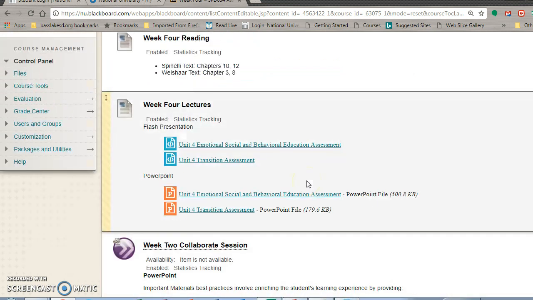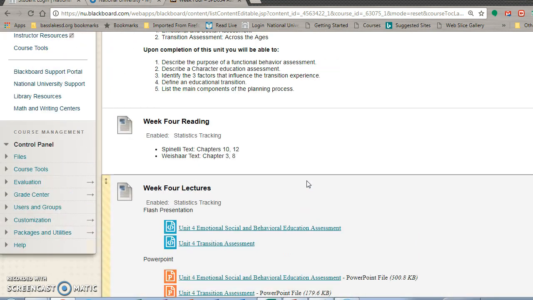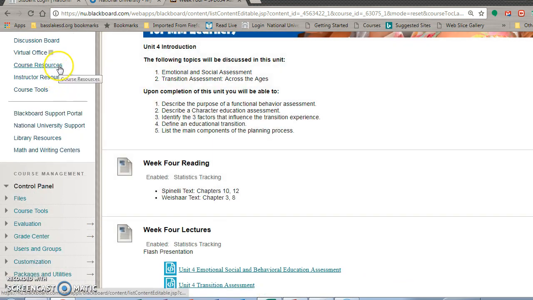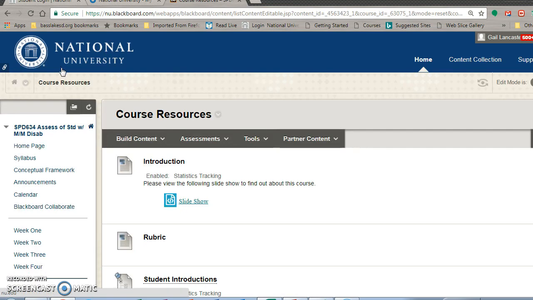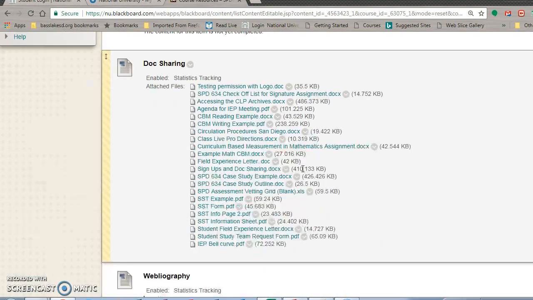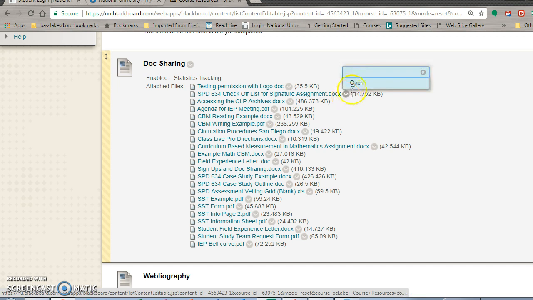So let's go take a look at some areas where you've got some sources to help you out. If you go to course resources, we're going to go all the way down to the checkoff list for signature assignment.